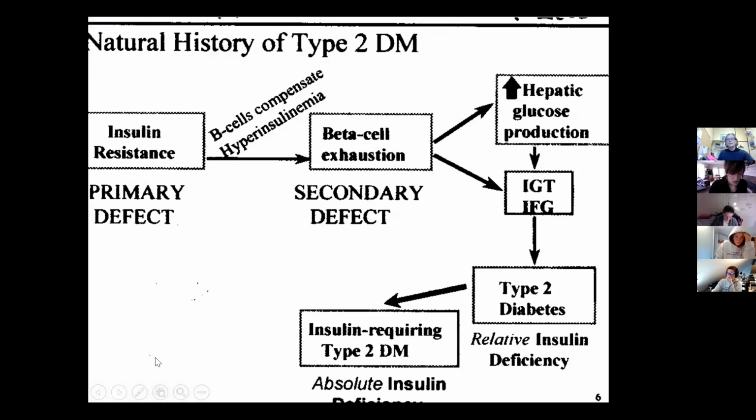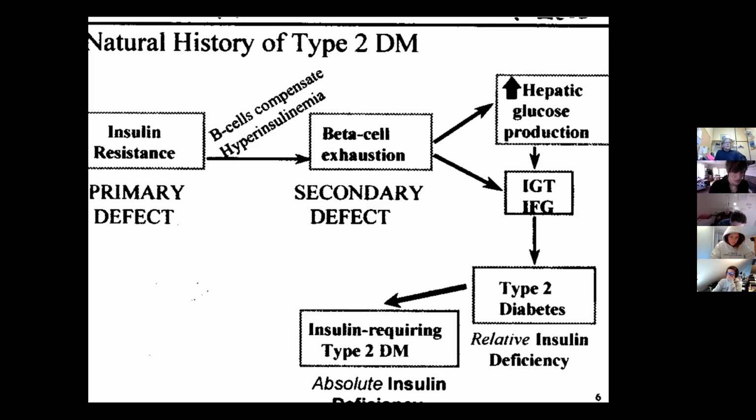So this slide helps, I hope, to explain a little bit about the natural progression of how type 2 diabetes develops. So the first thing that happens in a patient who's developing type 2 diabetes is that there is insulin resistance.